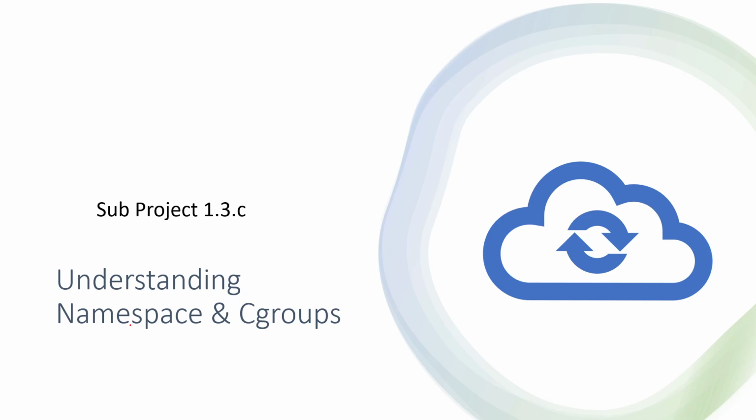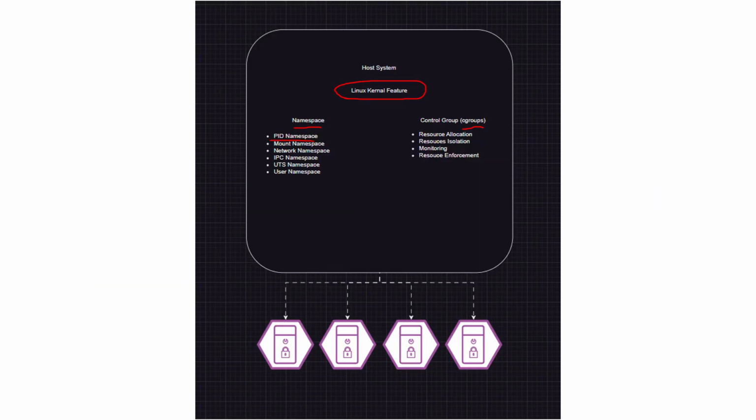I'm sorry, I just accidentally scrolled. The next one is the mount namespace, which isolates the file system mount points, creating a separate mount tree for each namespace which you're creating. A process within a mount namespace can mount and unmount file systems without affecting the global file system namespace.